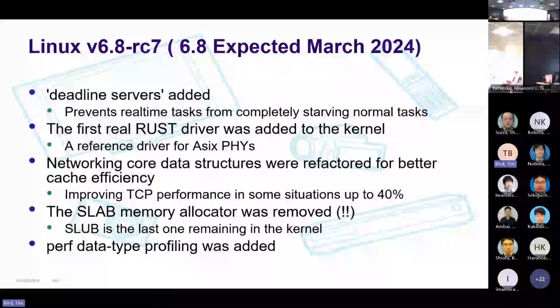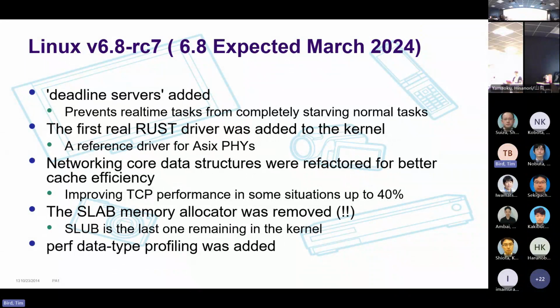The slab memory allocator was removed as well. Okay, so there used to be 3 main memory allocators in the kernel for a particular type of memory allocation: SLAB, SLOB, and SLUB. And 2 of them have now been removed over just the course of 1 year.